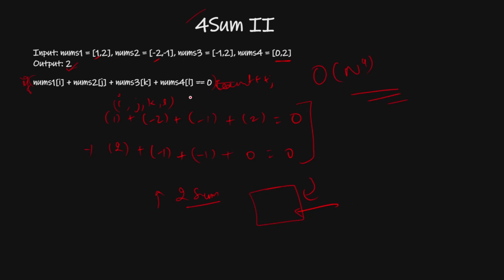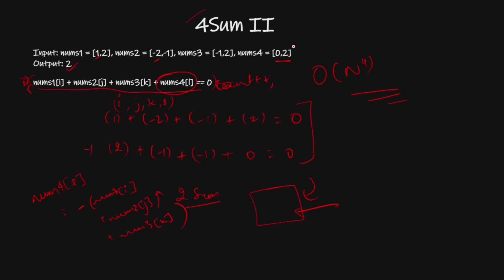Now, if you see, this is my answer. I have to find this condition. So nums4[l] should equal minus of nums1[i] plus nums2[j] plus nums3[k].